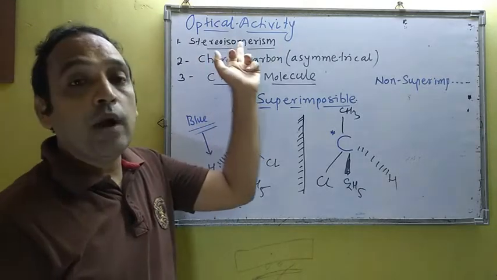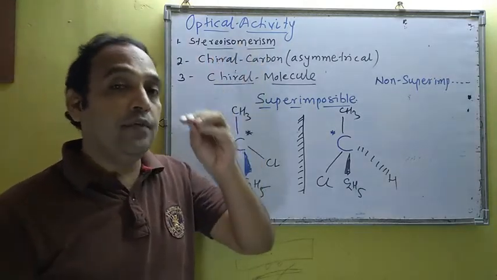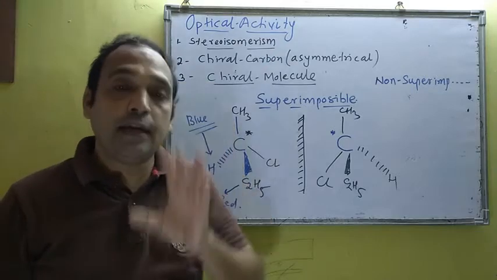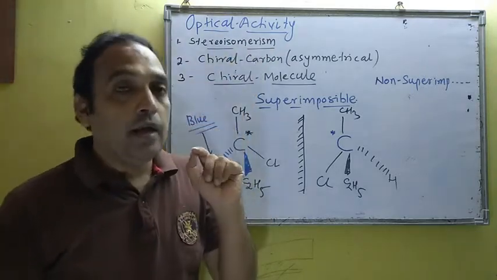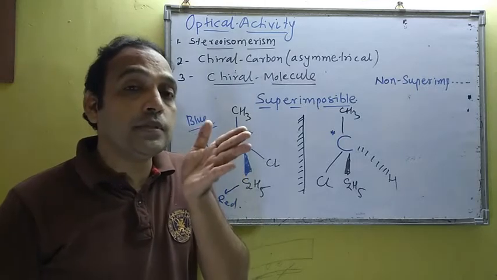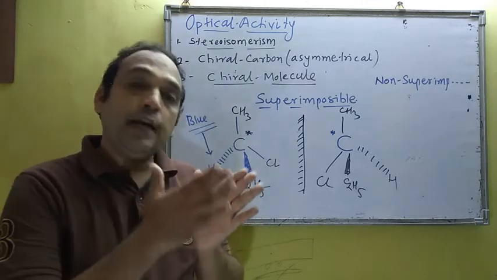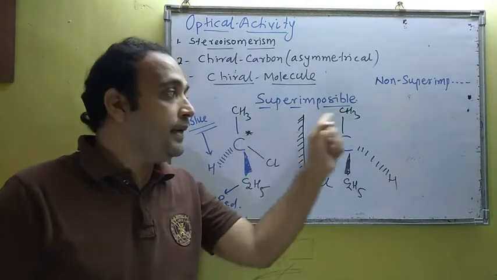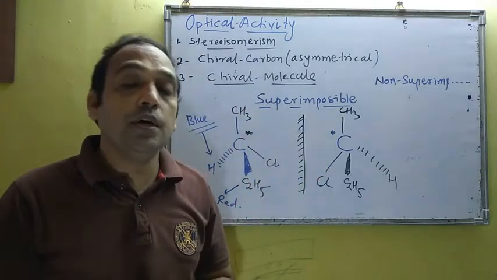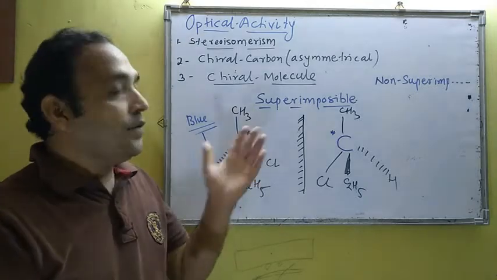So what are stereoisomers? Isomers having the same bond connectivity, that is the same structural formula, are called stereoisomers. There are two types of stereoisomers. One is geometrical, cis and trans, and the second is optical isomers, which we will try to cover.